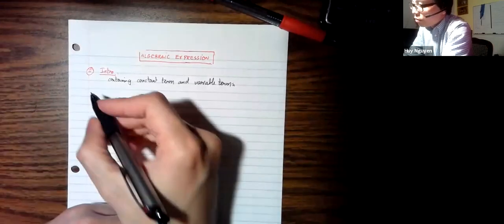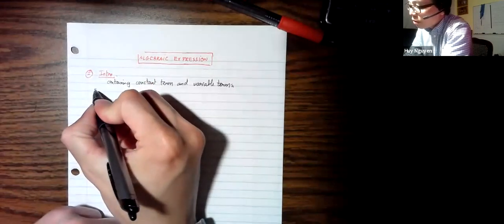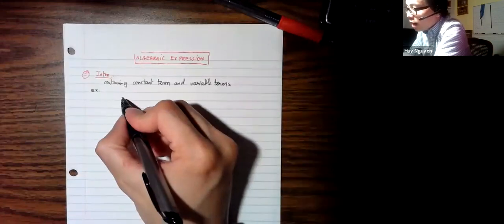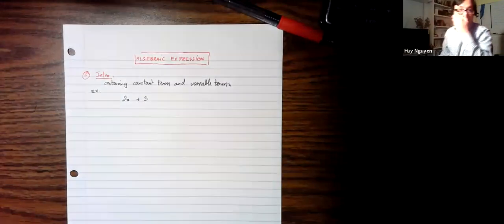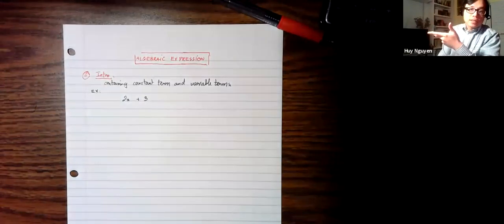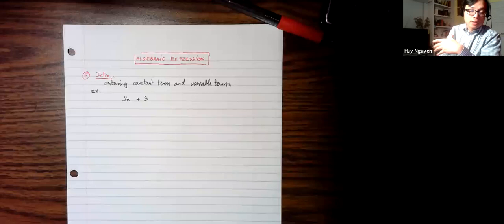For example, I have something like this: 2x plus 3. I say this is an algebraic expression. You see that I have two terms right here. The terms are separated by an addition or subtraction sign.